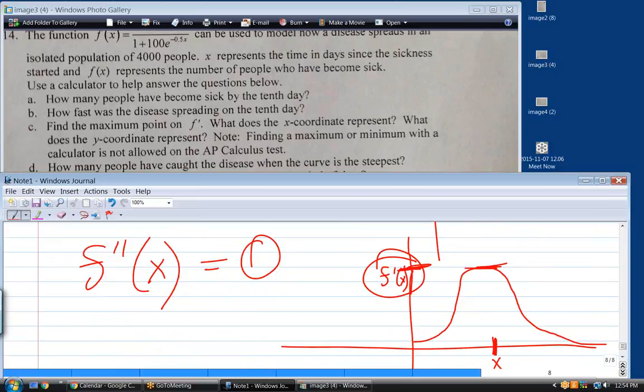That's the same thing as saying, where does the curve have its maximum slope? At this point in the question, we have figured out what x is, where the curve is the steepest.